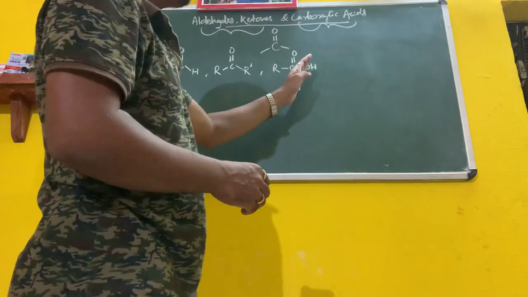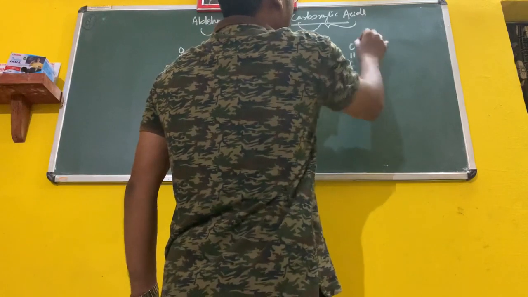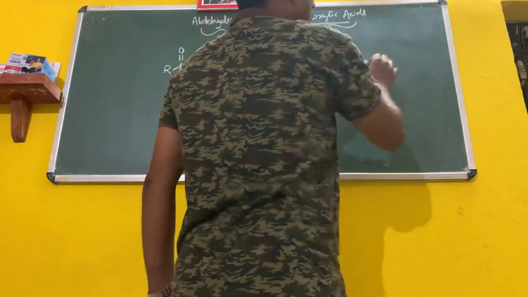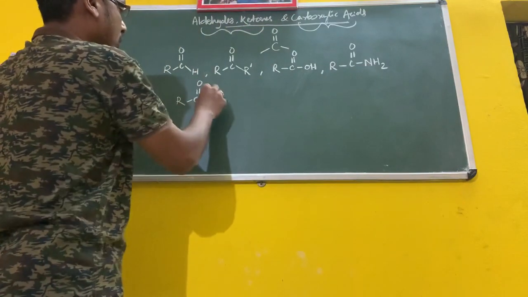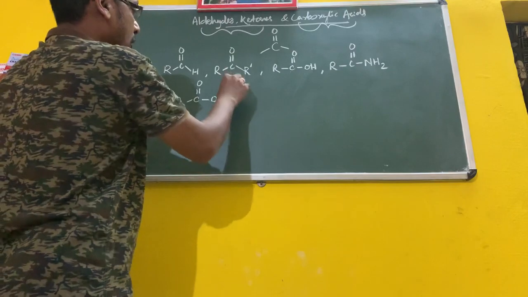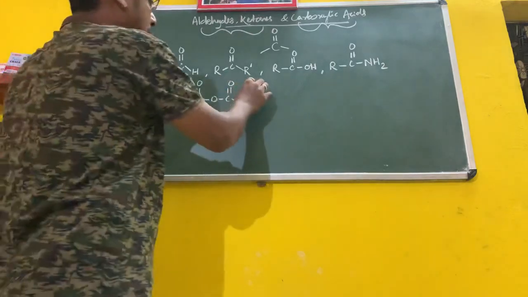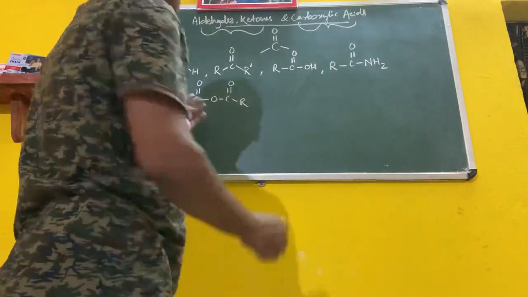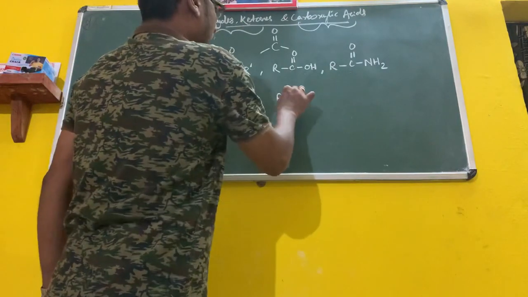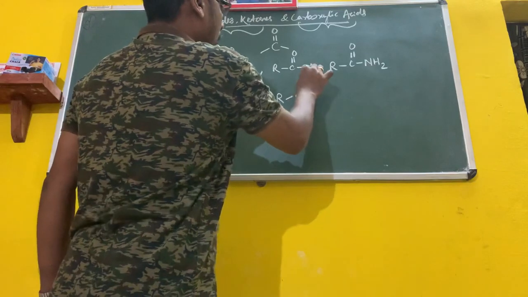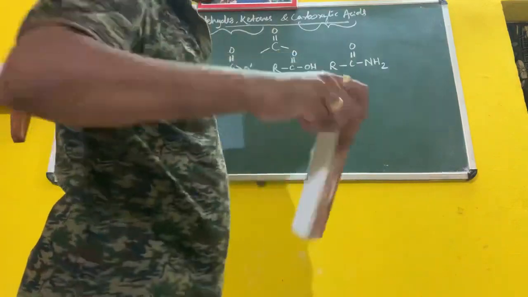Carbonyl and OH hydroxyl give carboxylic acid. It is the only acid in your organic chemistry. Then RC double bond O NH2 is acid amide. RC double bond O C double bond O R is your acid anhydride, R and R dash may be same or different. Then R C double bond O Cl or X, you can write it X, is acid halide.